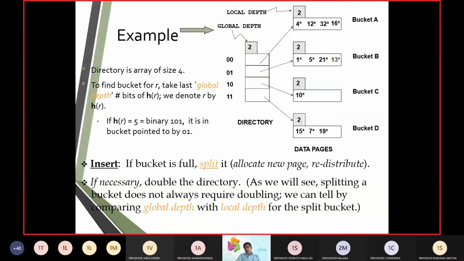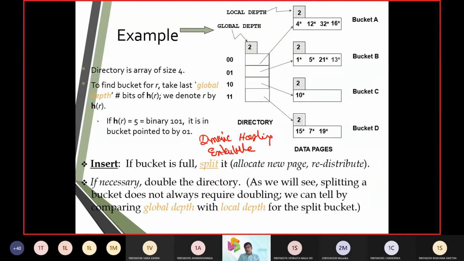Now, here is an example where we are implementing the directory structure for hashing, that too for dynamic hashing, or we can call it extendable hashing.